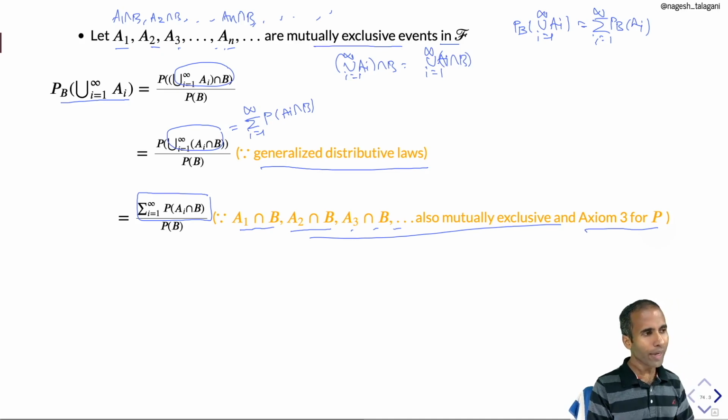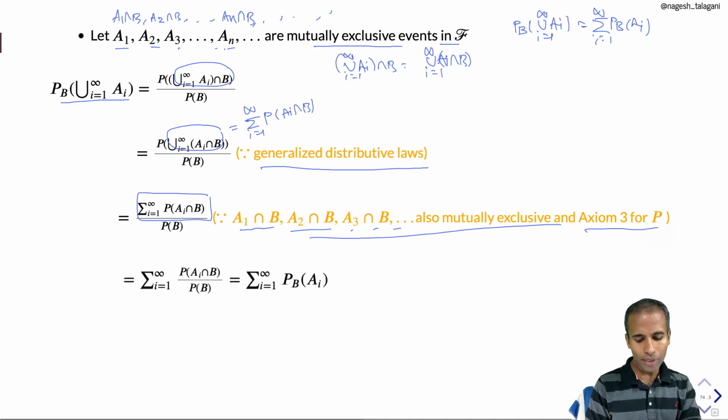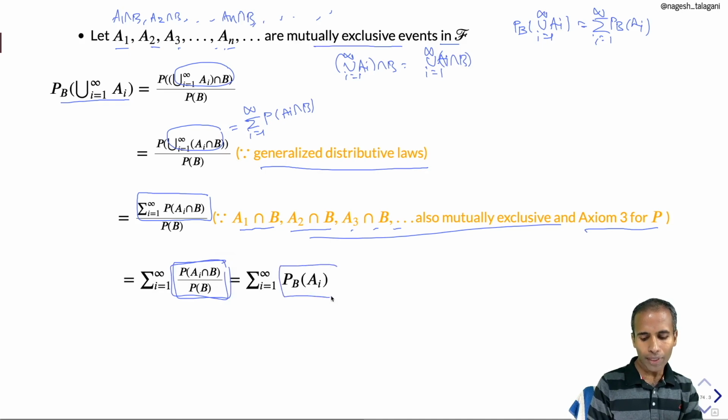Now if we rewrite this summation, we can write the summation over i from 1 to infinity of P(A_i ∩ B) / P(B). Now this is exactly equal to P_B(A_i) according to our updating rule.